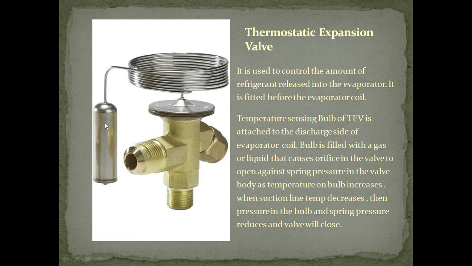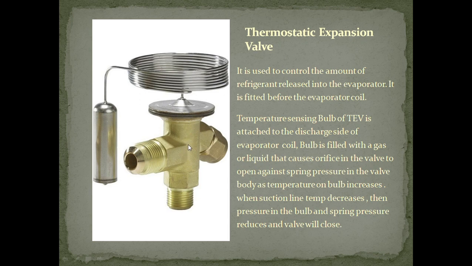The temperature sensing bulb, this one, is attached to the discharge side. This is the discharge side. The bulb is filled with gas or liquid that pushes the orifice in the valve open against the spring pressure in the valve. Depending upon the temperature outside the evaporator, this gas or liquid in the bulb will pressurize and act on the spring so that the orifice can be adjusted.